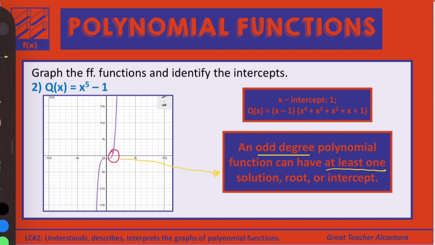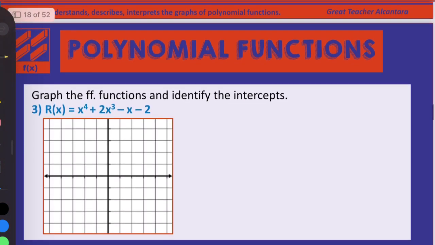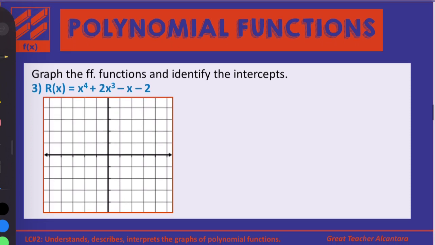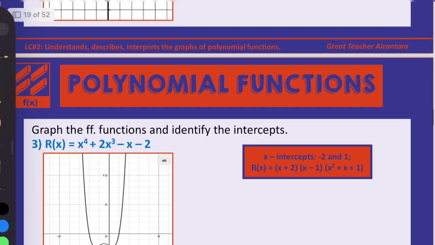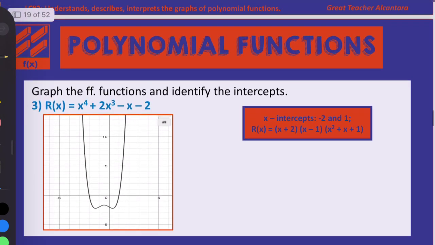So now let's try another example. What if we have x raised to 4 plus 2x cubed minus x minus 2? So again, let me try to think of ways how to get the roots of this example. Let me pause in this part. And in here, what you will see is that it actually has roots, and the roots of it are basically negative 2 and 1.